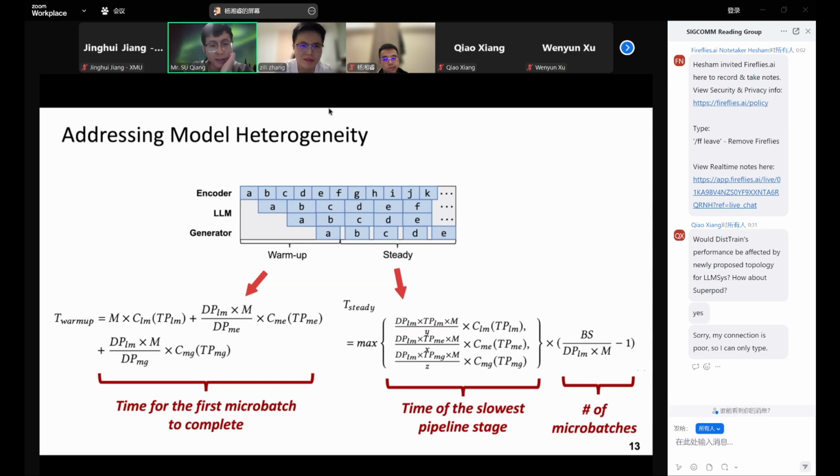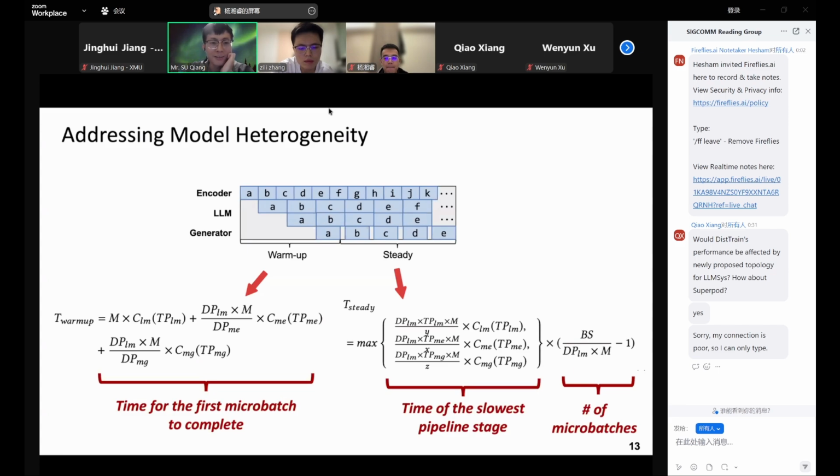Okay, I see. So here you actually use offline profiling to decide how many GPUs are used for different components, for example the encoder and the other two components, right? So you actually have a controller to decide the GPU allocation, right?